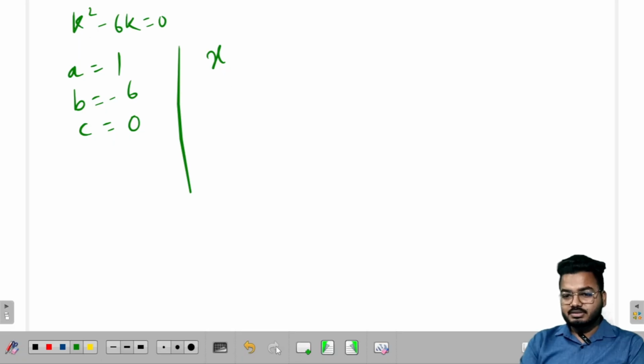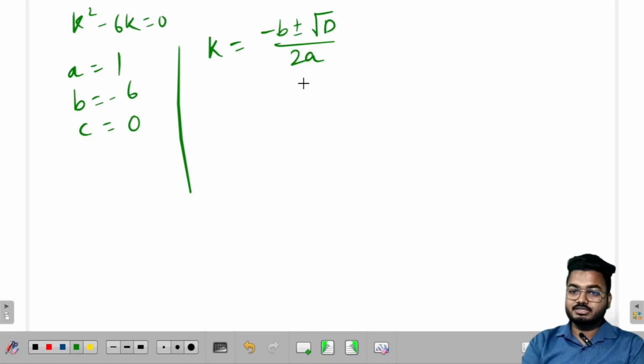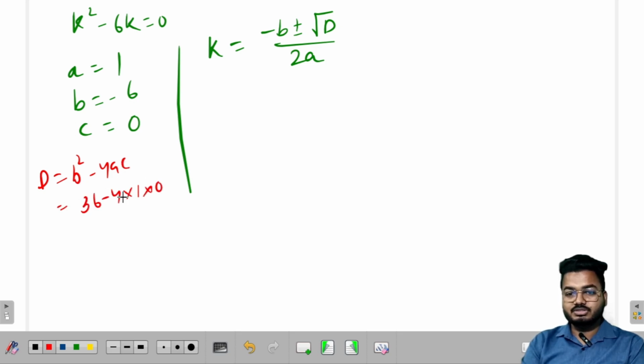So let's write k equals minus b plus minus root d by 2a. अब इसका अगर d फाइंड करें वो क्या निकलेगा, d will be b square minus 4ac, b square, that is 36 minus 4 into 1 into c, 0 है तो बेसिकली ये 36 ही आएगा.